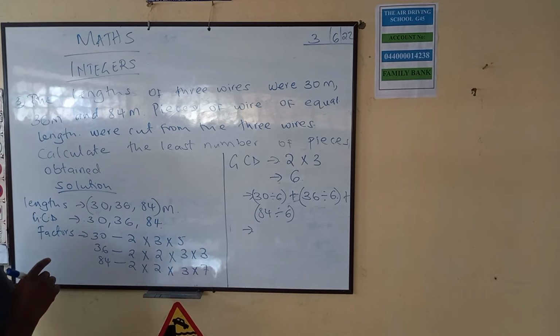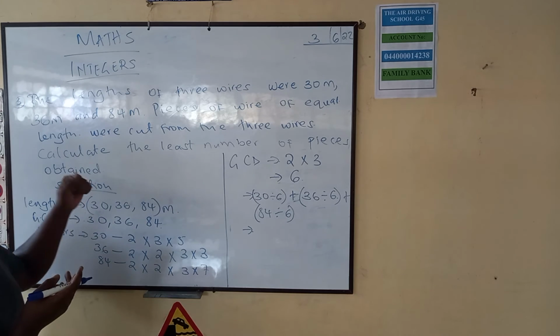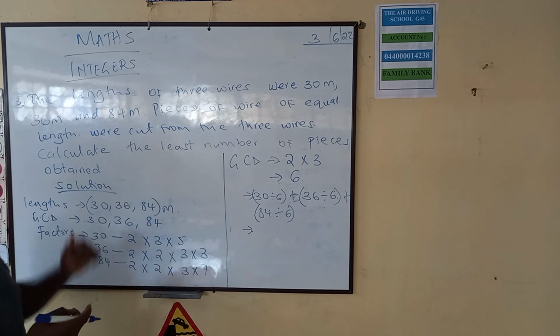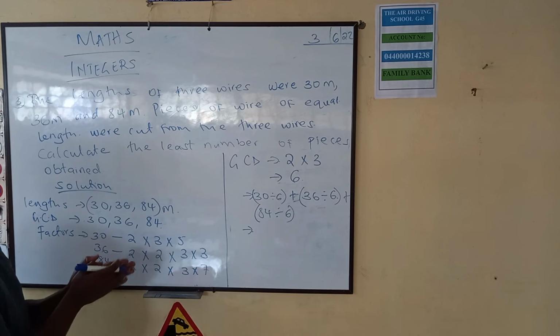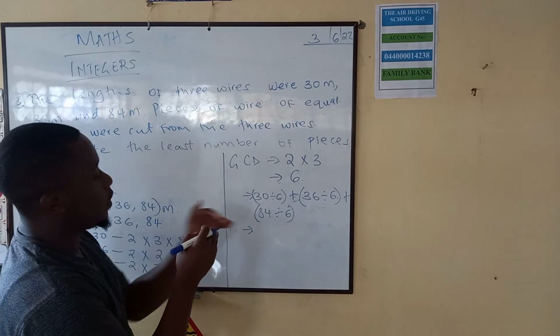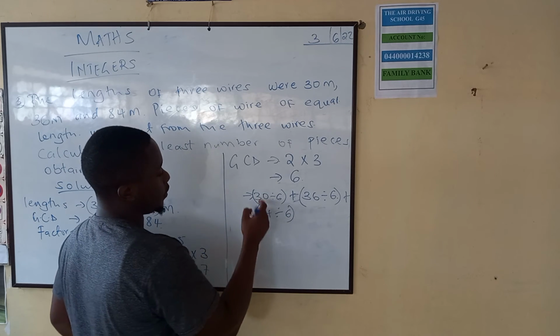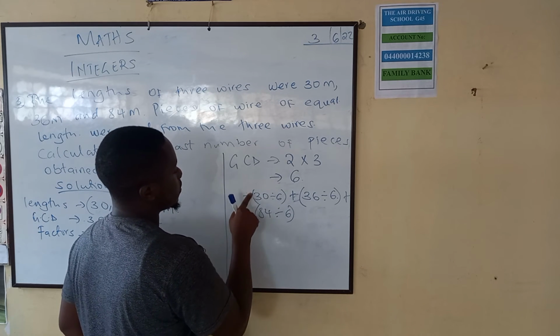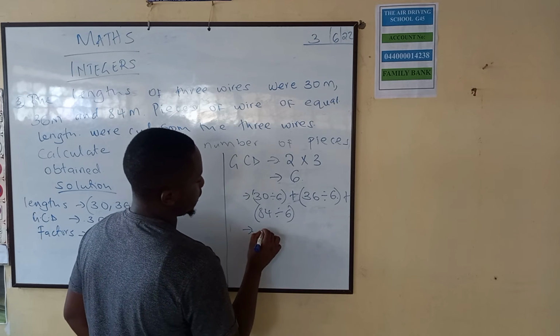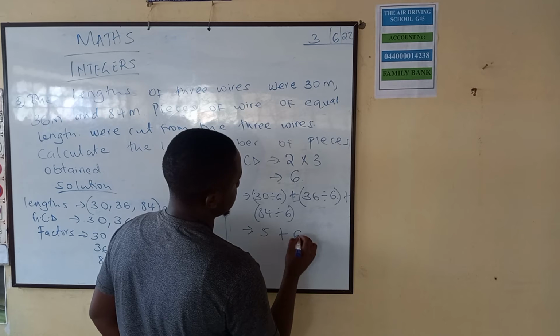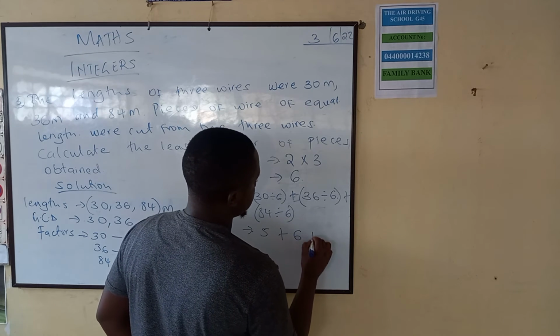I think you know why I'm dividing it, because in the last part of the question, you calculate the least number of pieces obtained from the 3 wires. So we have to add each piece to another. Dividing 30 by 6, we get 5. Dividing 36 by 6, we get 6. Dividing 84 by 6, we get 14.